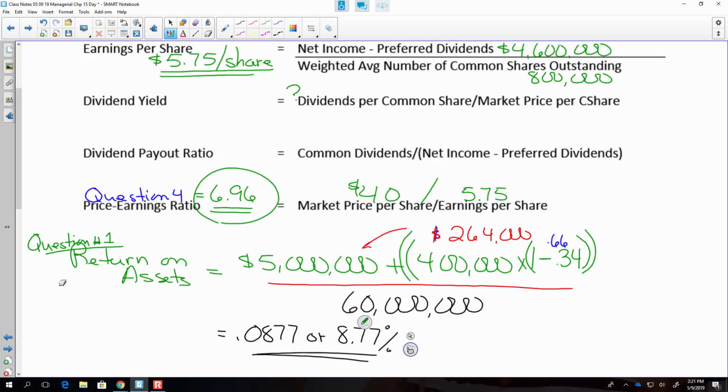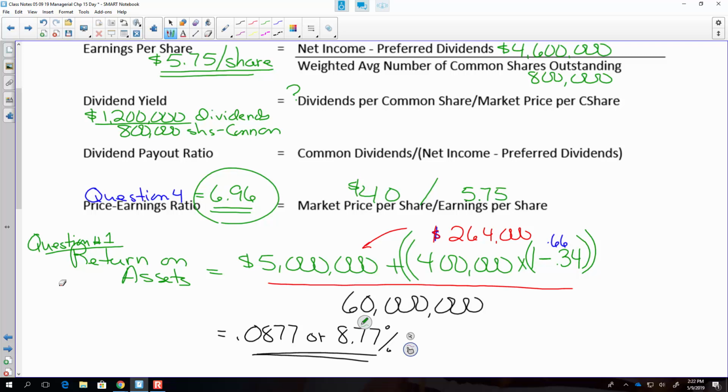We're going to take our $1.2 million of dividends. This is the common dividends, not the preferred, right? And we're going to divide that by the 800,000 shares of common, right?